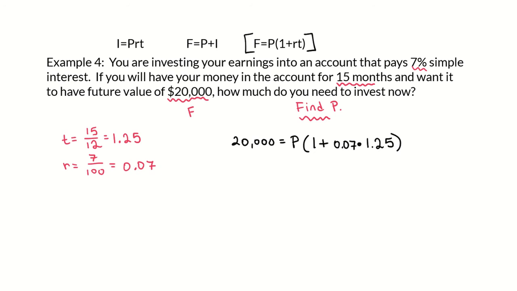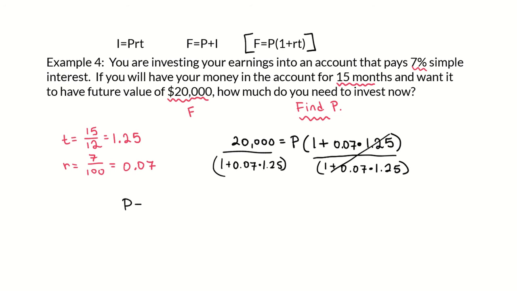So now to solve for P, we would divide both sides of the equation by this number. So we get that P, the principal investment, is $20,000 divided by 1 plus 0.07 times 1.25.